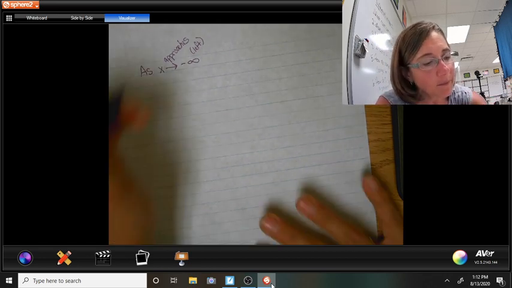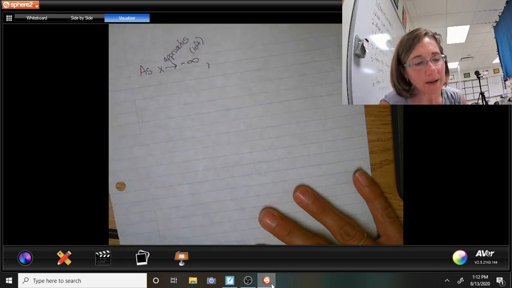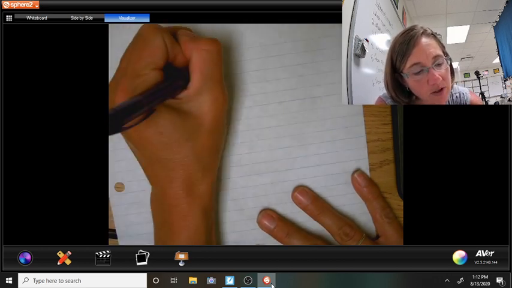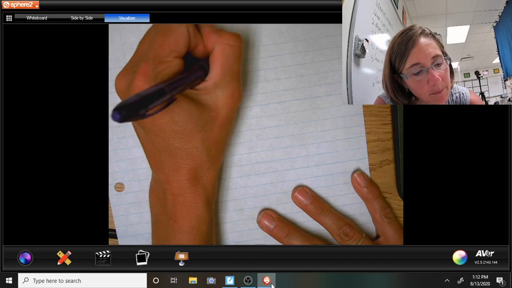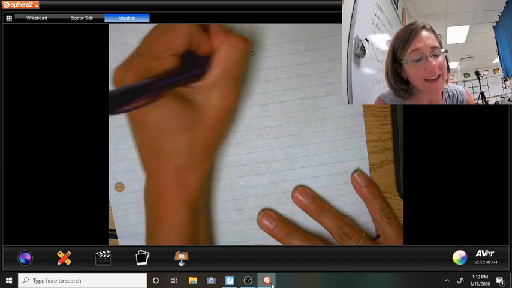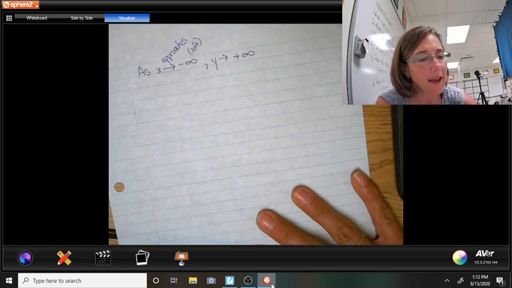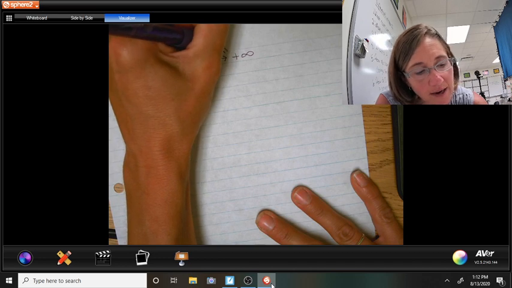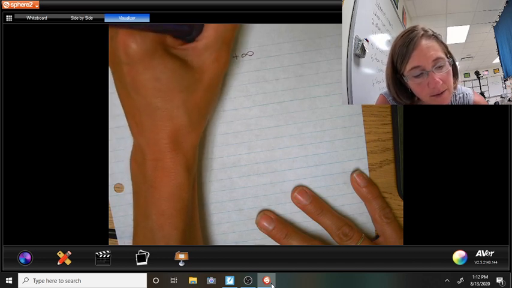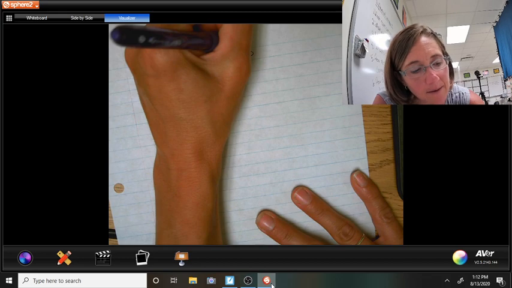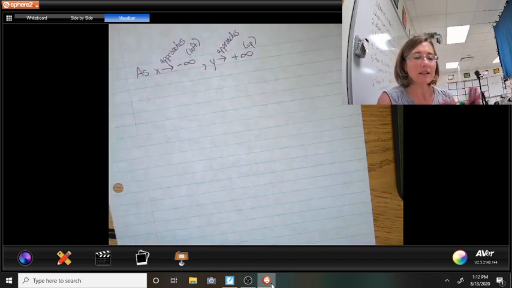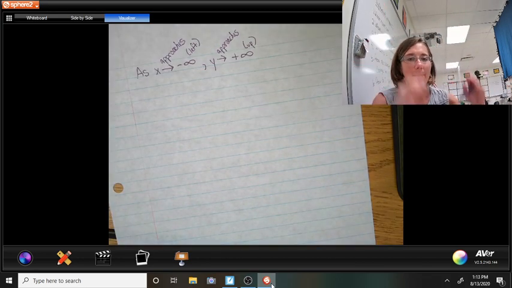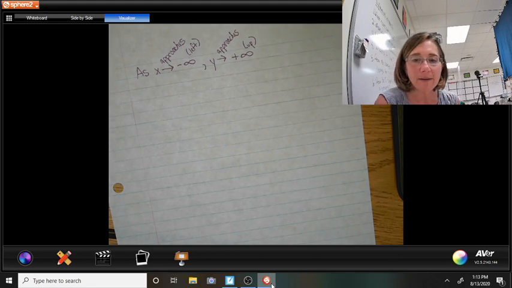Left would be negative. So as that's happening, our y values are approaching positive infinity because they were going really, really high. So there's that word approaches again. And positive infinity, since our y-axis goes up and down, we would be talking about up. So that's our left end behavior.